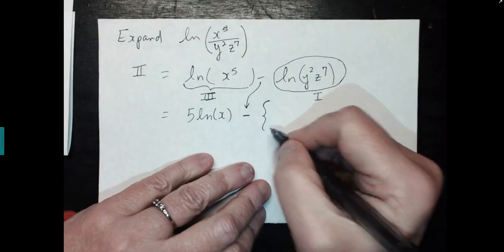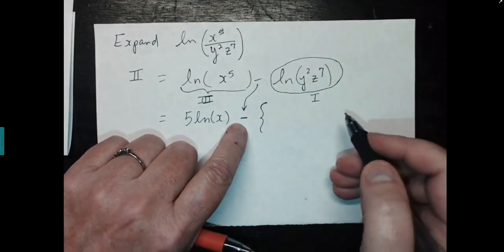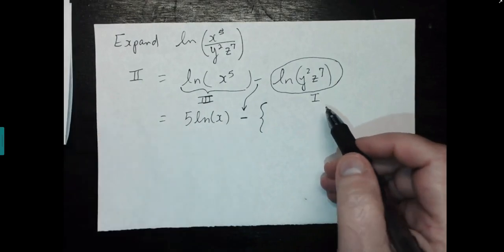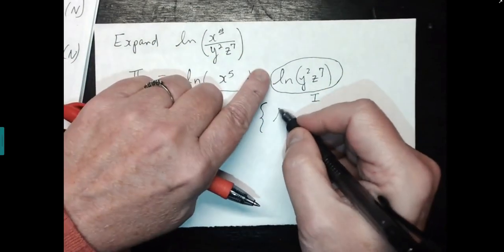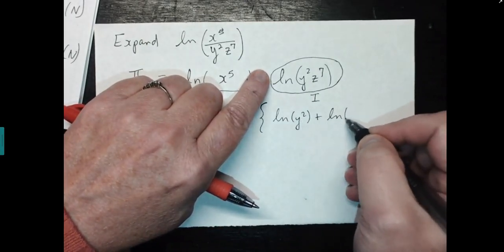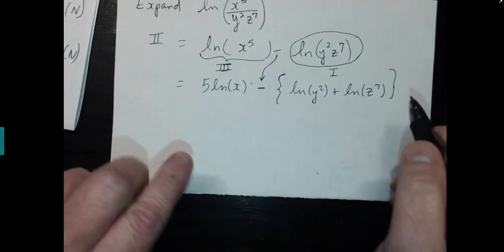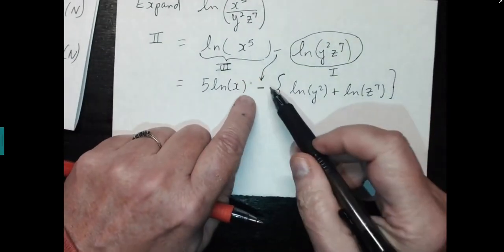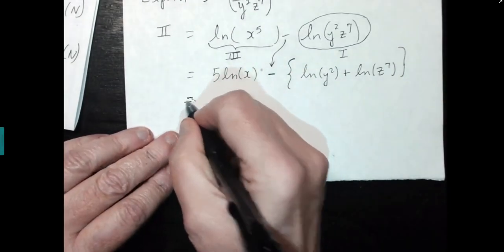I've got to put it inside parentheses because the negative sign is going to apply to everything. So when I use rule number 1, what I've circled here is going to be the natural logarithm of y squared plus the natural logarithm of z to the 7th. Make sure you put the brackets there because the negative sign has to be applied to every term.